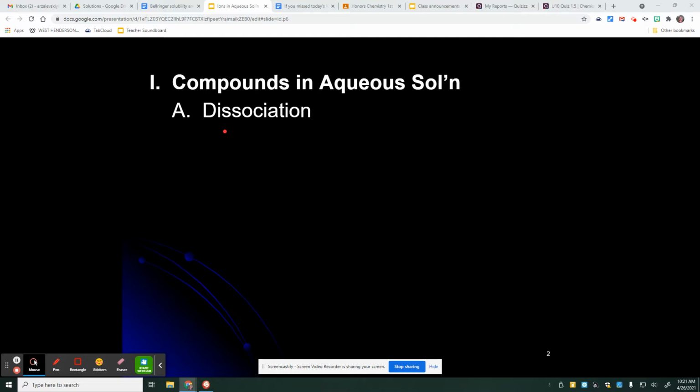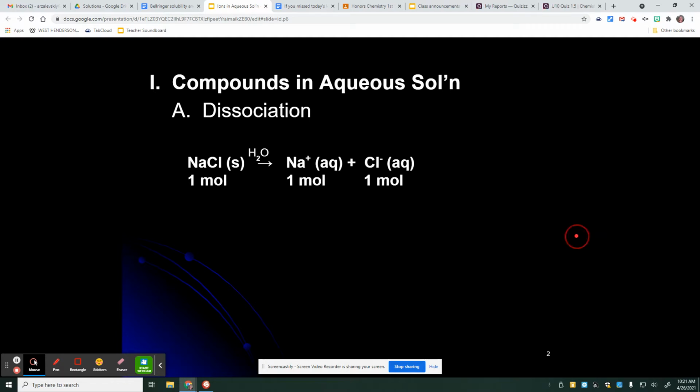So let's look at a couple of examples. The first one that I have is if I take NaCl as a solid, and that's what that little S means there in parentheses, and I'm going to put this in water and see what it separates into. Now, we've looked at this enough times to know that sodium is going to separate into sodium ions and chloride ions.